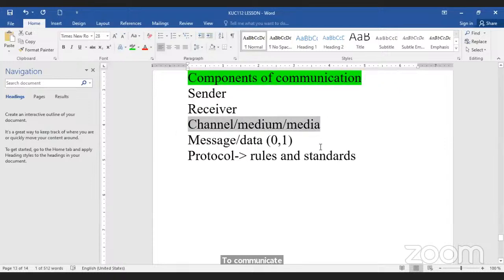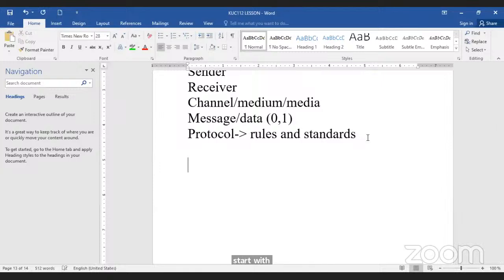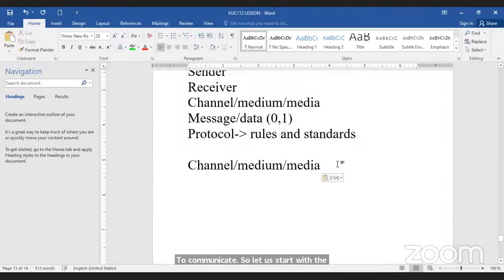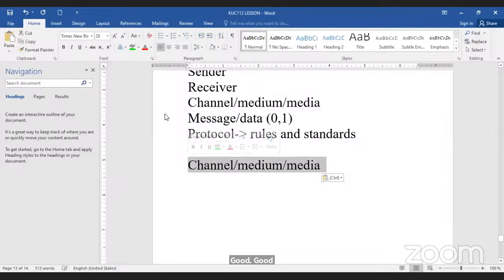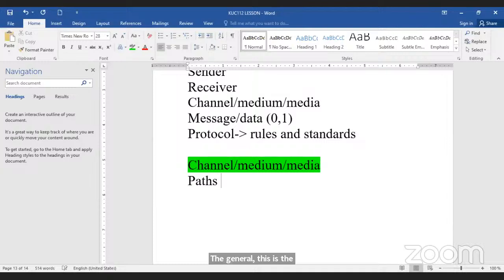So let us start with channel or media. The channel or media is the path through which data is sent over a network.